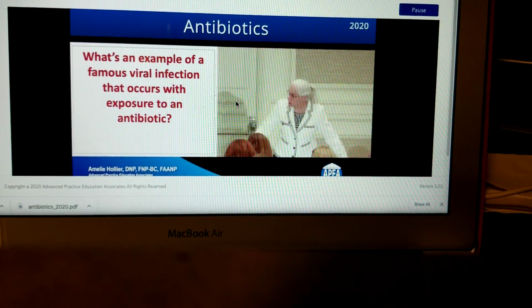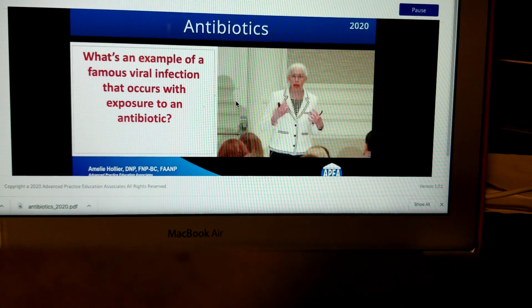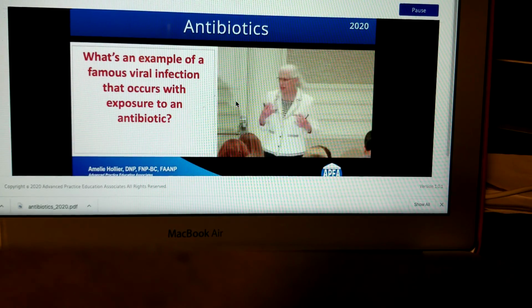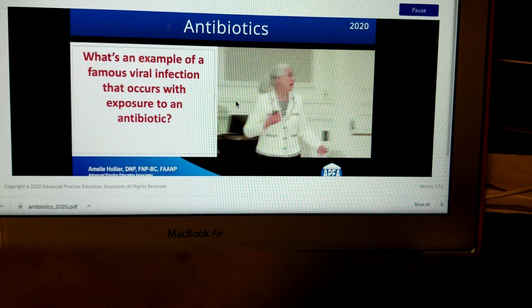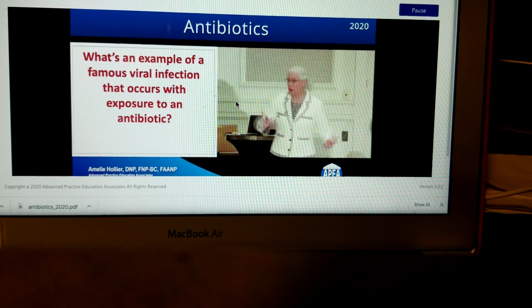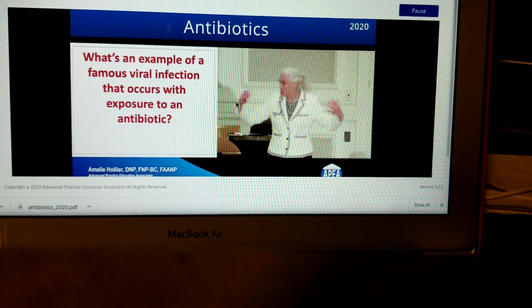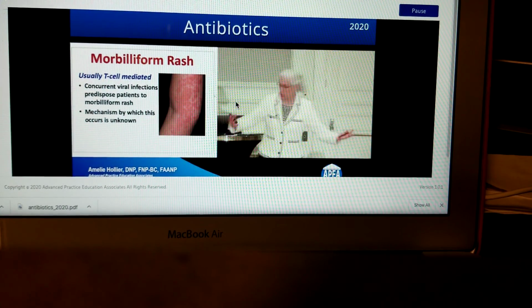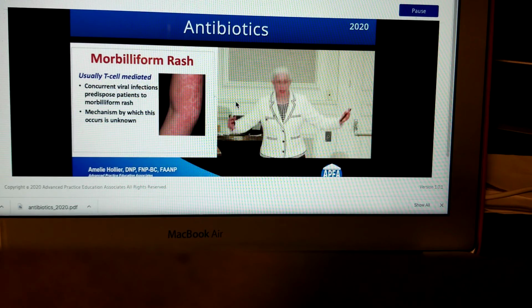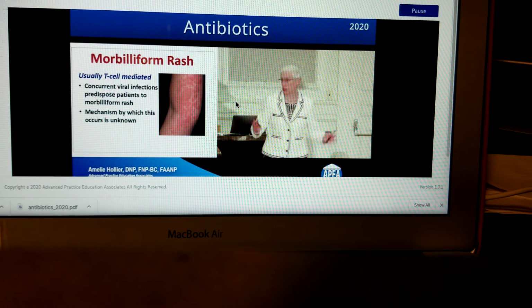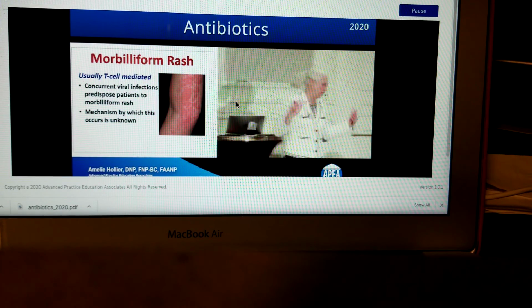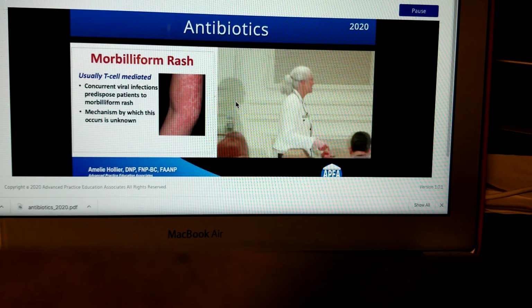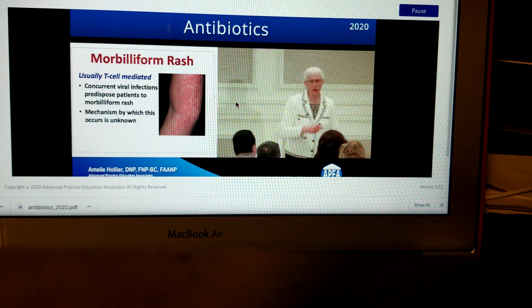They end up with a morbilliform rash after Bactrim, and then somebody says, hey, wait a minute, and they do an HIV test. I don't know why it happens. It just does. So, viral infection on board, come in contact with an antibiotic, they get a morbilliform rash. So just look for it. You'll see it over and over again in clinical practice. So that's the famous morbilliform rash.